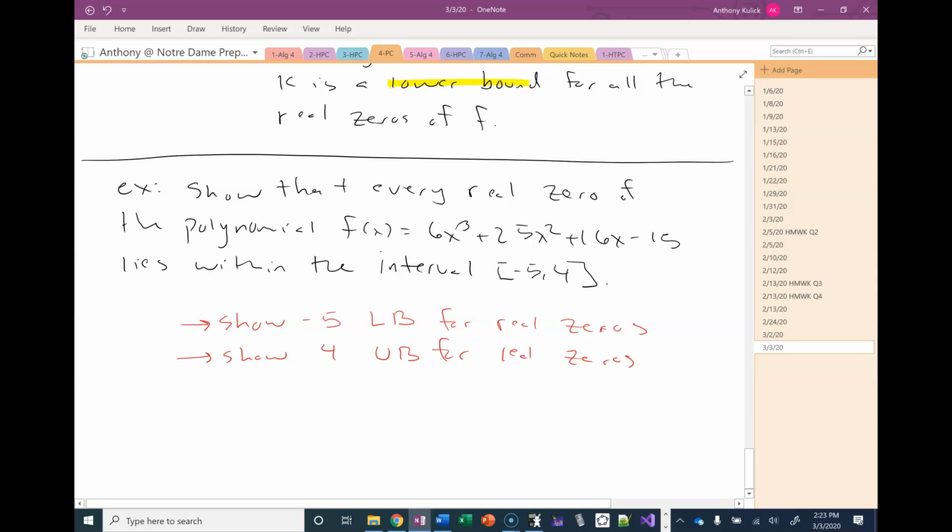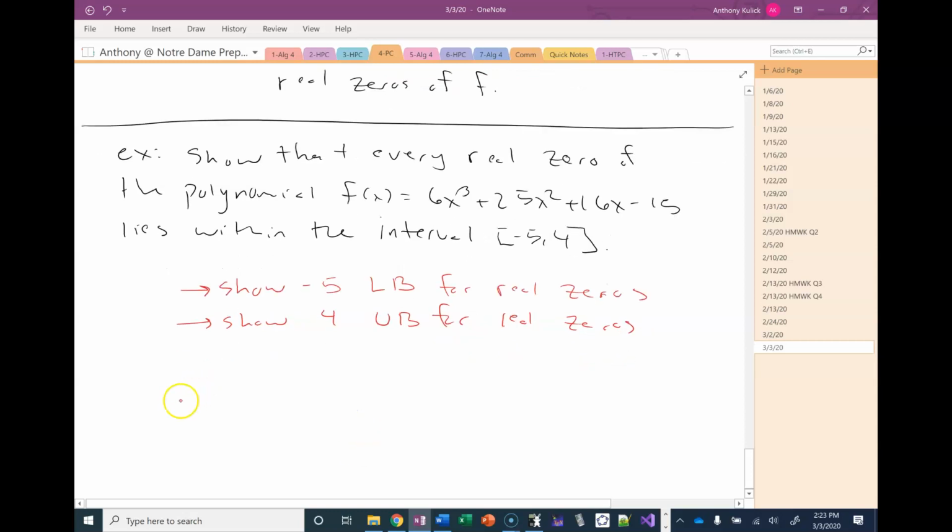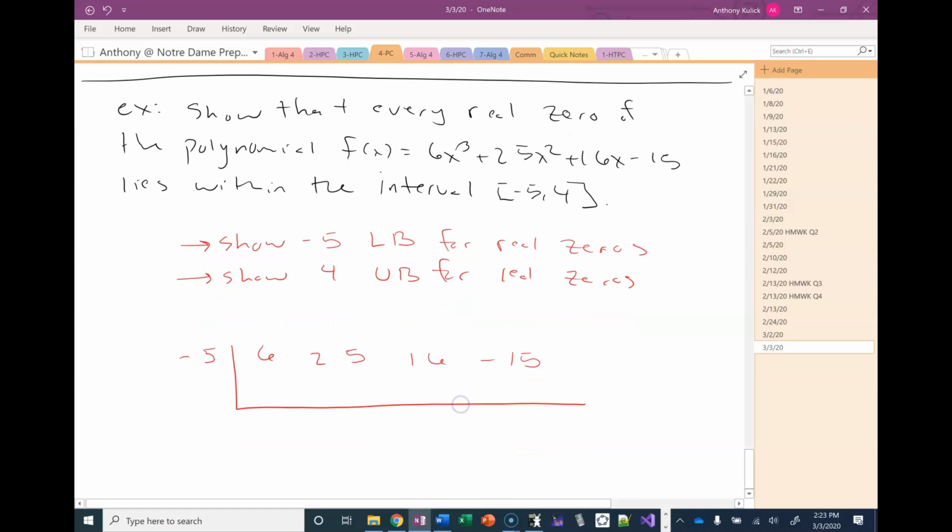Well, I do synthetic division using the theorem up above. So I'll take -5, and since this value is negative, I'm hoping when I do the synthetic division, I'm going to see alternating signs.